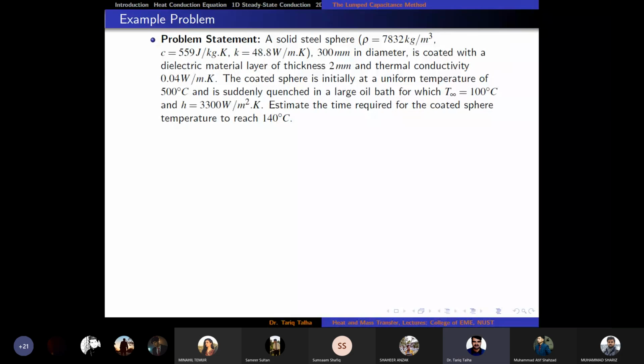Or we can talk about when we want to combine conduction resistance with convection resistance. Was there any parameter which we discussed in chapter number 3?